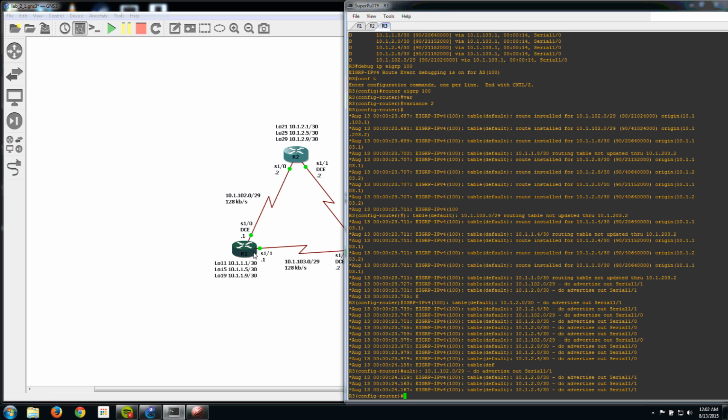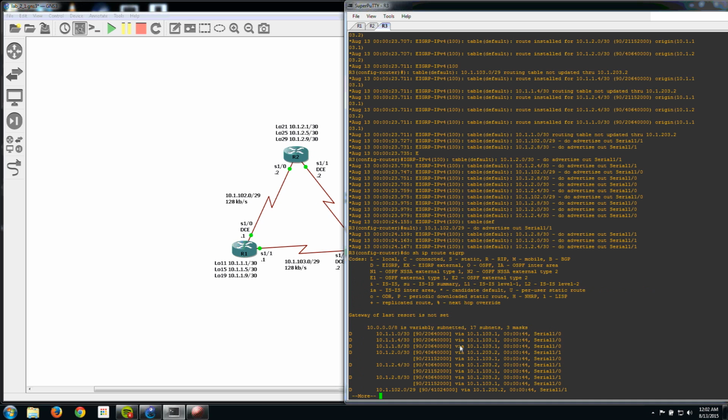So now we should be getting a different looking routing table here. There we go. 10.1.20.0. So now we have another route showing up, even though, look at that, that doesn't quite match up.